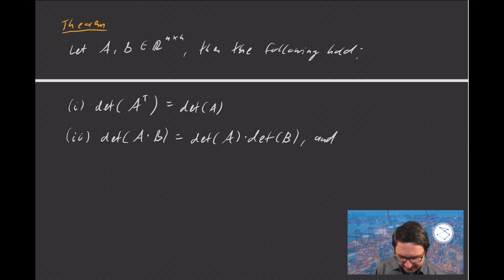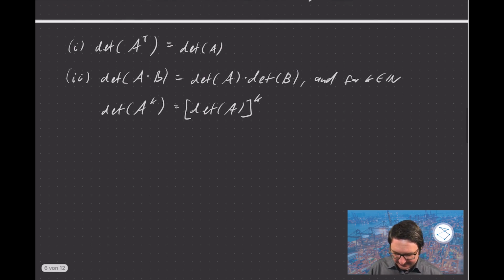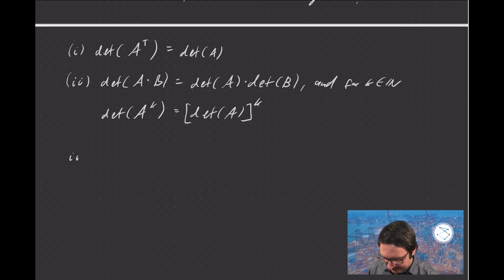In particular, for some k in N, the determinant of A to the power of k is equal to the determinant of A to the power of k, like this. So if we know the determinant of those two matrices, A and B, then we can compute the determinant of AB right away without actually knowing what AB is.